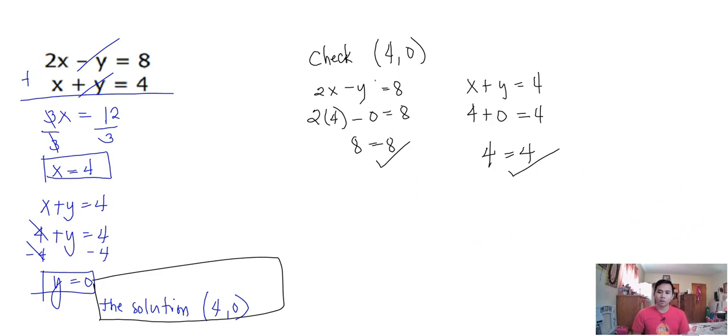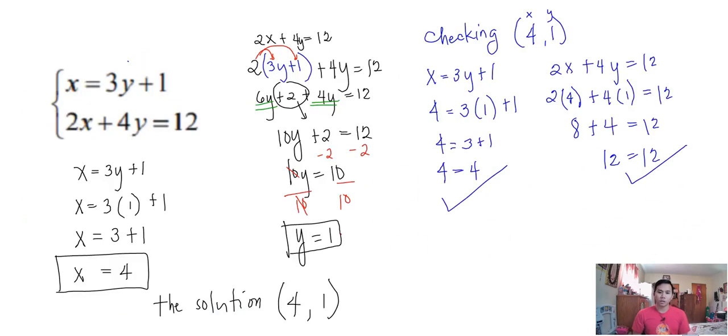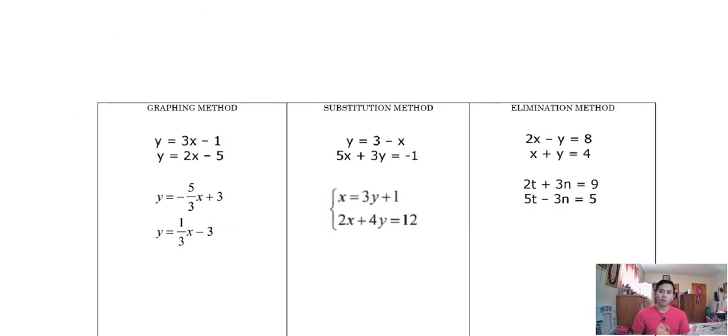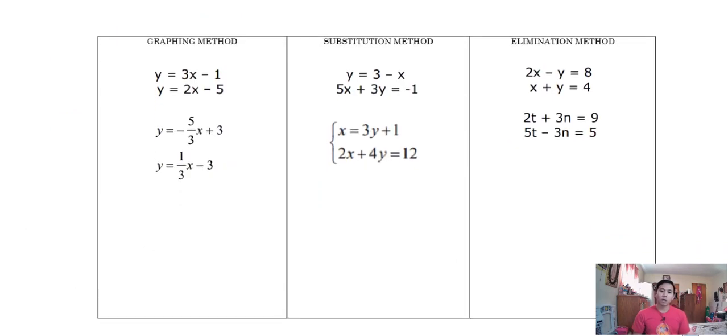This is the elimination method, this is the substitution method, and the other one is the graphing method. So these are the examples for how you group the graphing method, substitution method, and elimination method. This is about solving systems of equations, and which strategy works best.